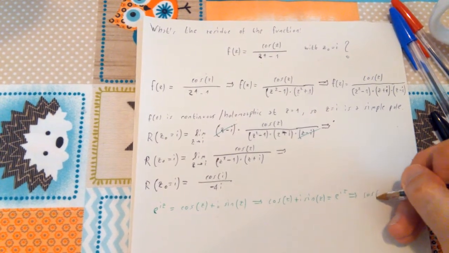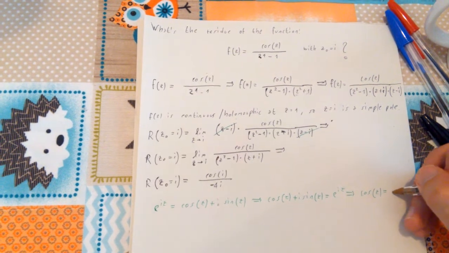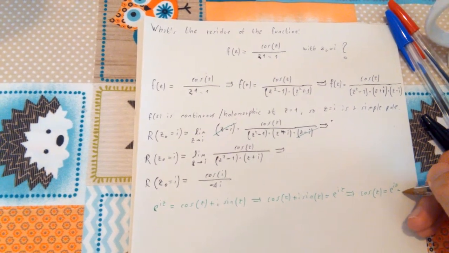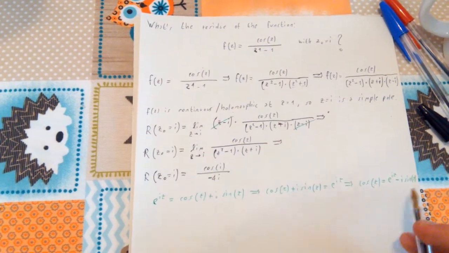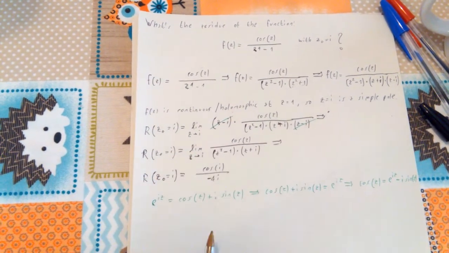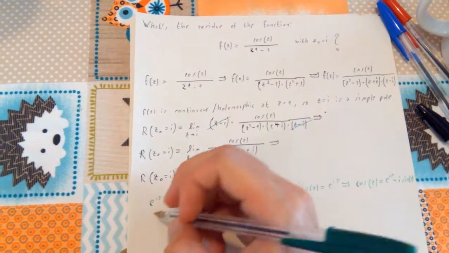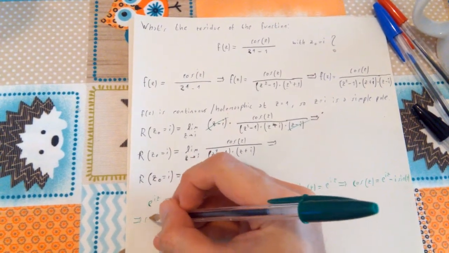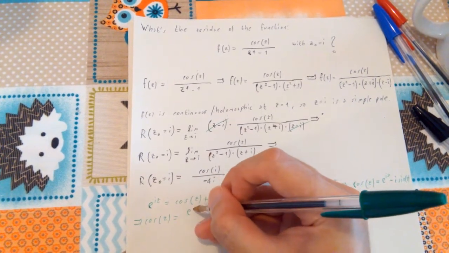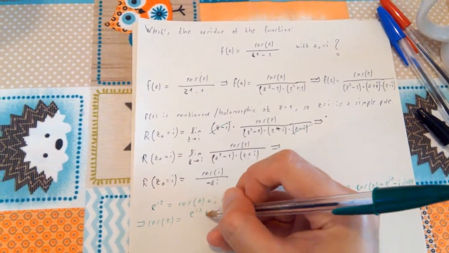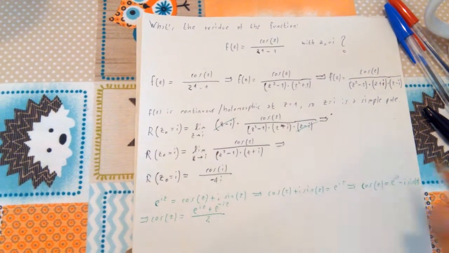Therefore, cosine of z is equal to e to the iz minus i sine of z. And by using other properties of the Euler formula, we can rewrite this finally as cosine of z equal to e to the iz plus e to the negative iz over 2.